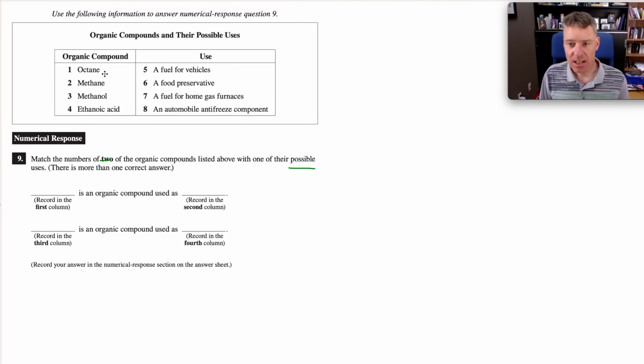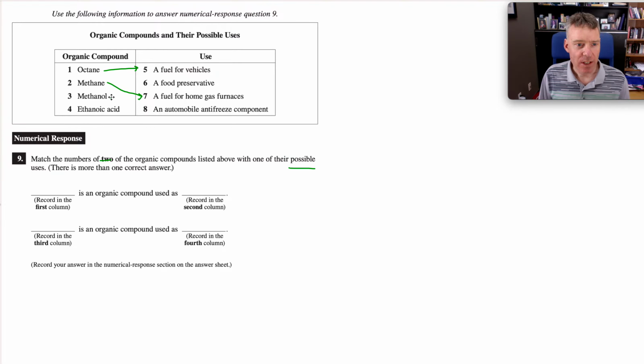So octane, that's right on a gas pump, or you have all those numbers on gas pumps relate to how much straight octane there is. So that's a fuel. So 1,5 would be a possible combination. Methane is what heats our homes via our furnaces for most of us.